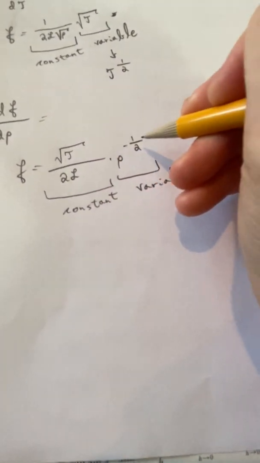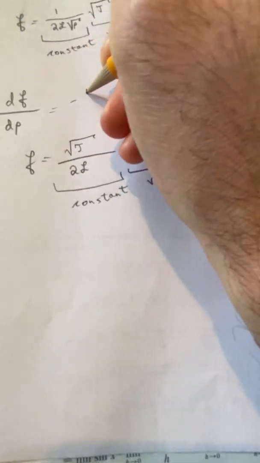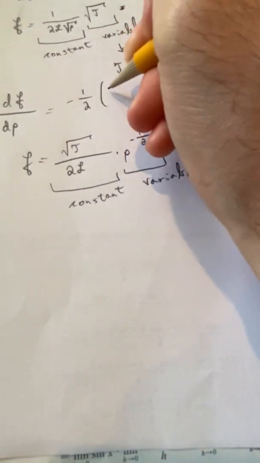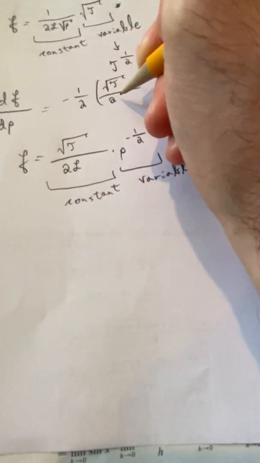So we'll bring this negative 1/2 down, and then we'll subtract another 1. So we will have negative 1/2, and then square root of T over 2L. And then we have rho to the negative 3/2.